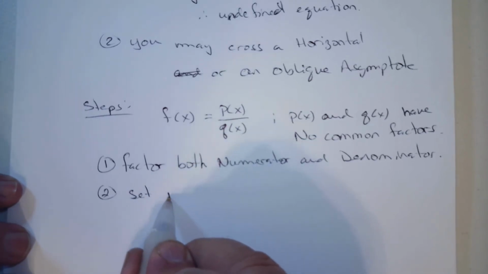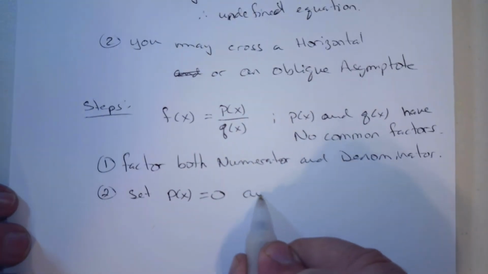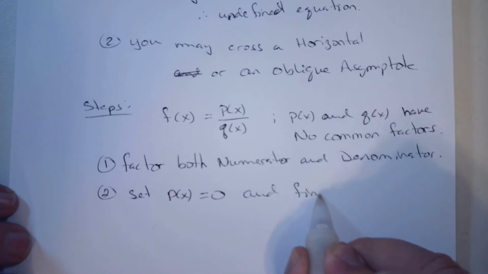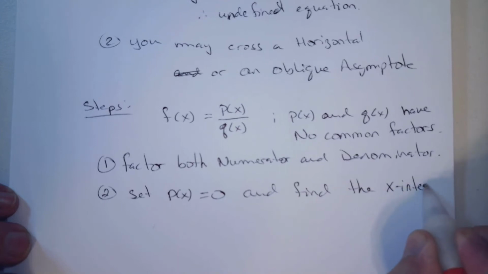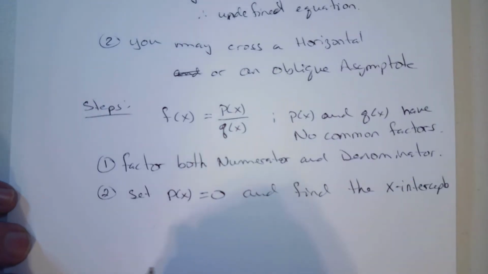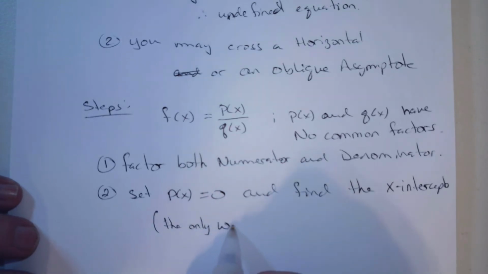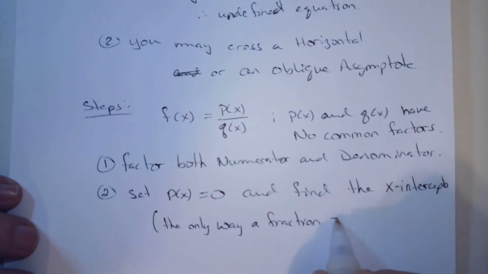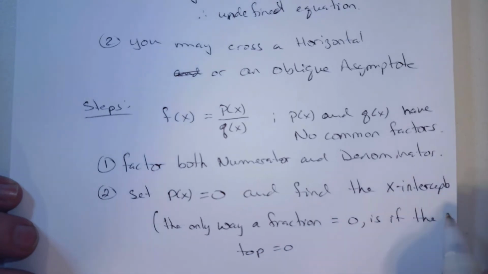Set the top, p of x, equal to 0 and find the x-intercepts. The only way a fraction can equal 0 is if the top equals 0.